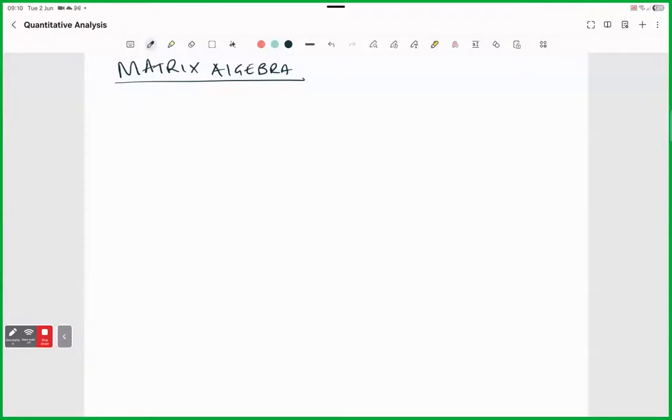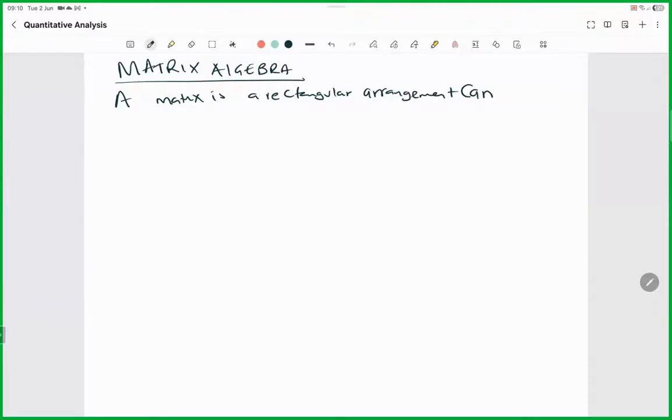A matrix is a rectangular arrangement, or what at times you'll hear some examiners call an array, of numbers arranged in rows and columns.